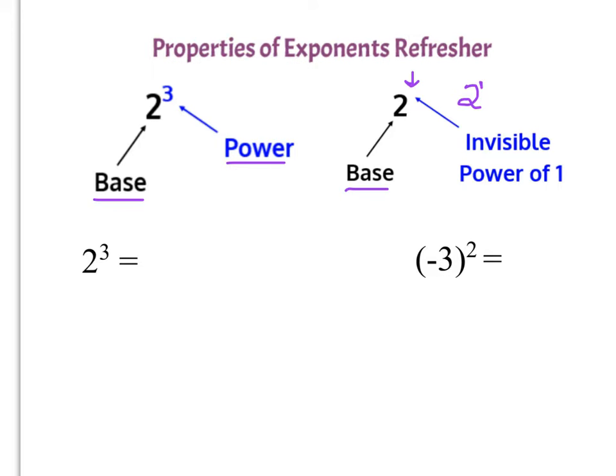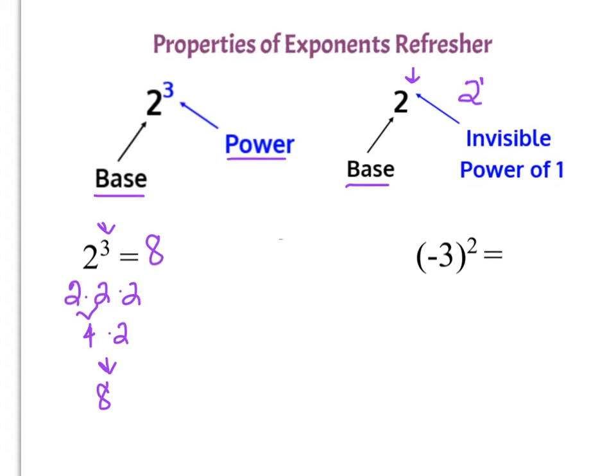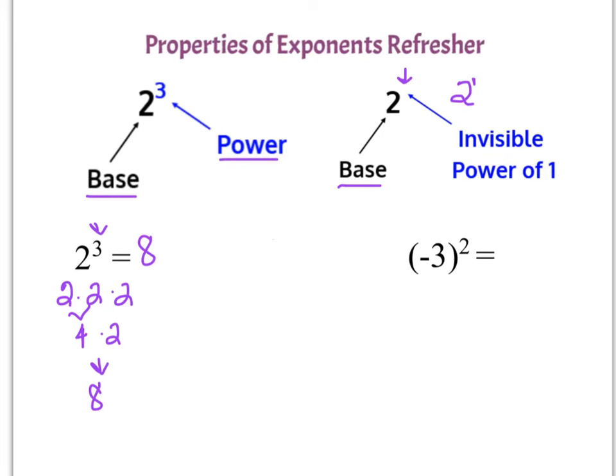So for this first example, 2 to the third power just means 2 times 2 times 2. 3 of them. 2 times 2 is 4 times 2 is 8. With the negative in parentheses, this is saying I have to do -3 and raise it to the second power. So we have to be careful.